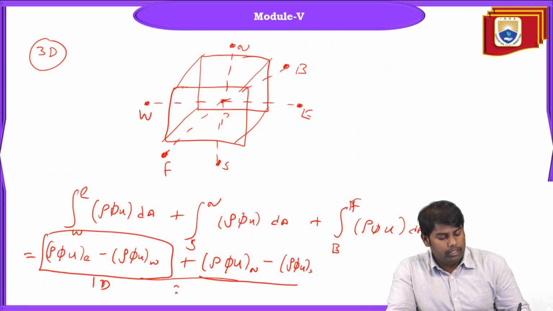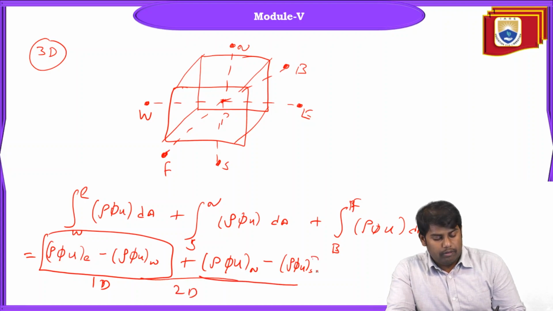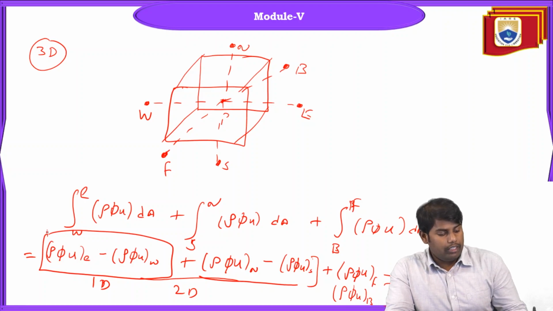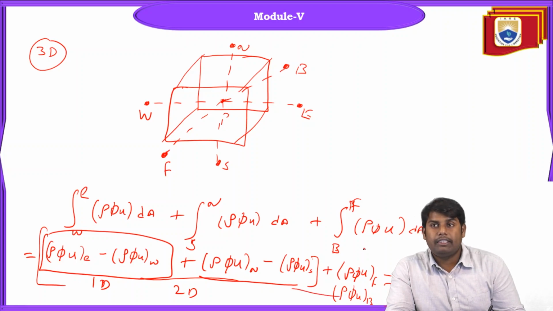This combination is 2D, plus ρφu at front minus ρφu at back. Everything will be multiplied with the area. So this is total 3D.